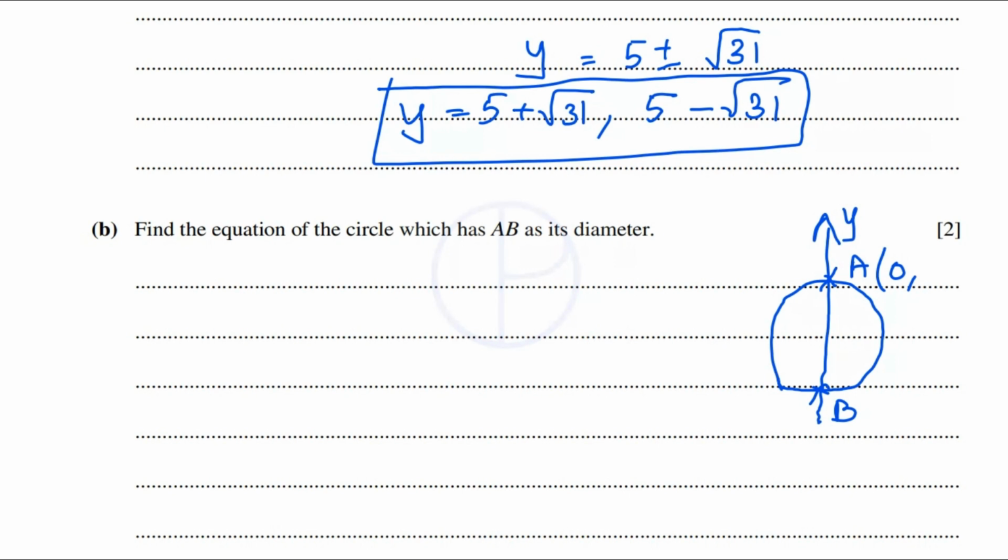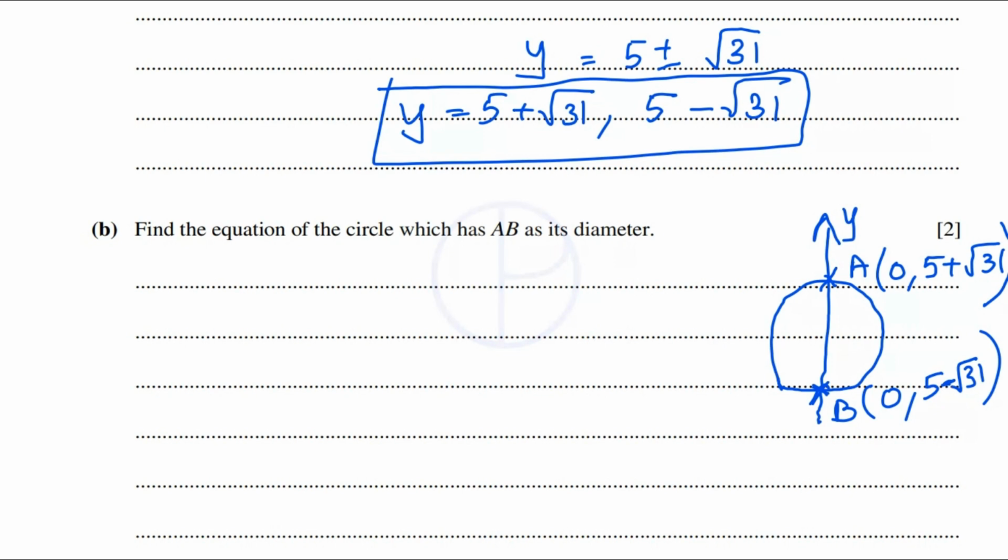So what will be the y coordinate value? Is it 5 plus square root of 31 or 5 minus square root of 31? So this is also 0 comma, and this should be 5 plus square root of 31. And this is 5 minus square root of 31.